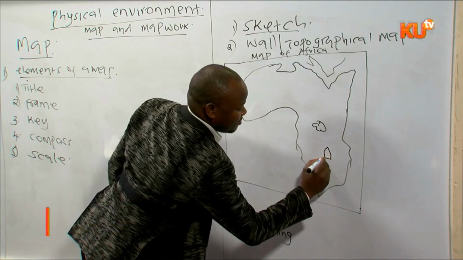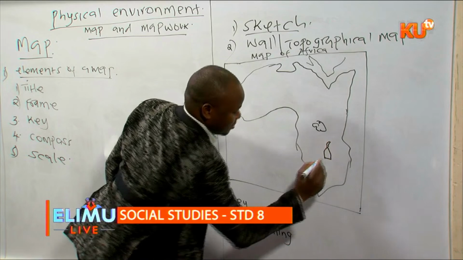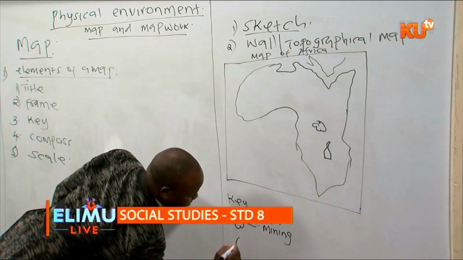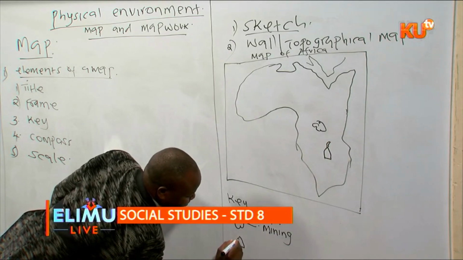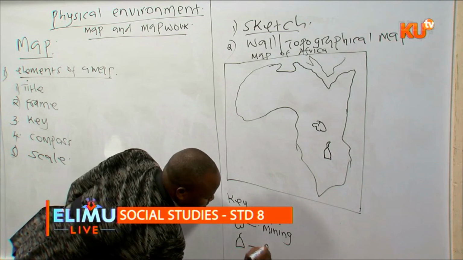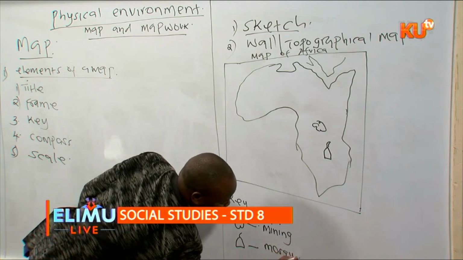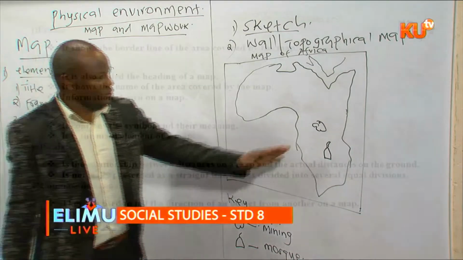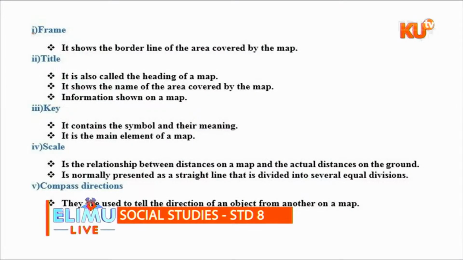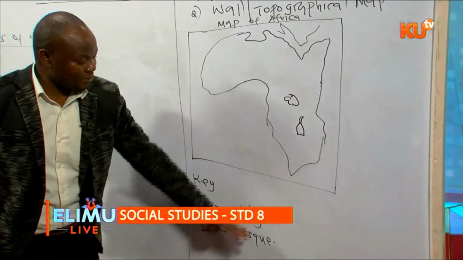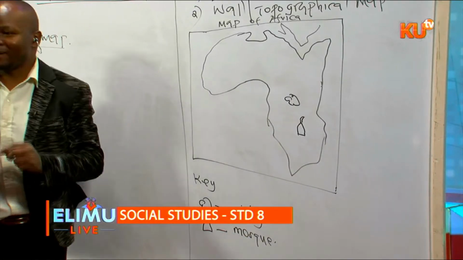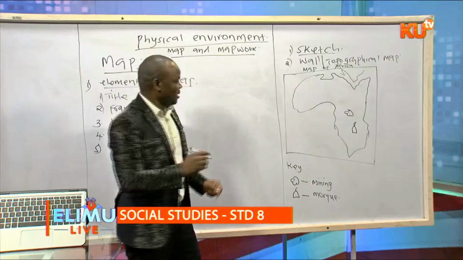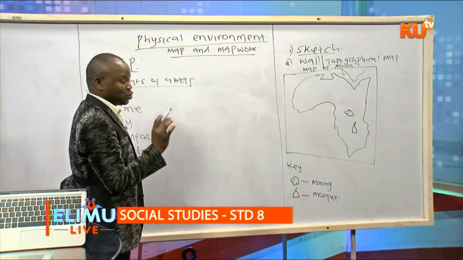That is the symbol of a mosque. A mosque is a place of worship. So this shows that in this particular area there is mining, and in this particular area there is worship going on. And those people who worship in the mosque, of course, are Muslims. So that is what you are supposed to know.